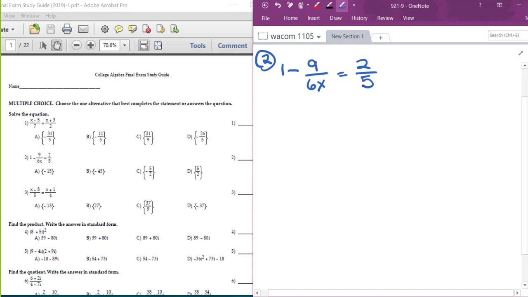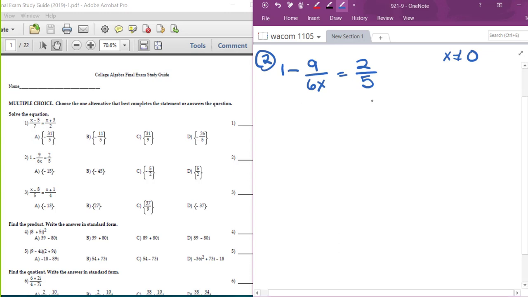So we'll go ahead and state our restrictions. When is 6x equal to 0? Well, only if x is equal to 0. So I'm going to just write x cannot be 0 over here on the edge, and it might state that in the question as a restriction. So x can't be 0.